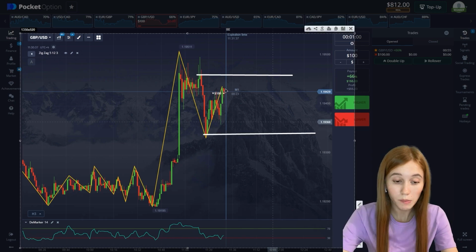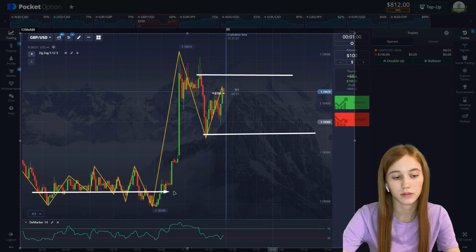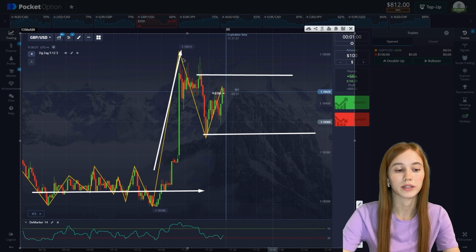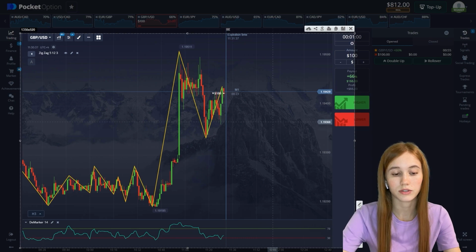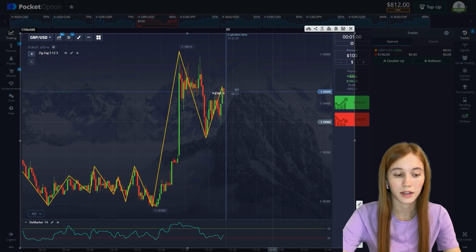Why won't we move? Because there was a strong drawdown all this time and there was a sharp jump. Now we're undergoing an adjustment in the opposite direction. It's a little strange, but soon you will understand. Also, according to DeMarker, growth is clearly occurring, and we have left the red zone from the previous position.